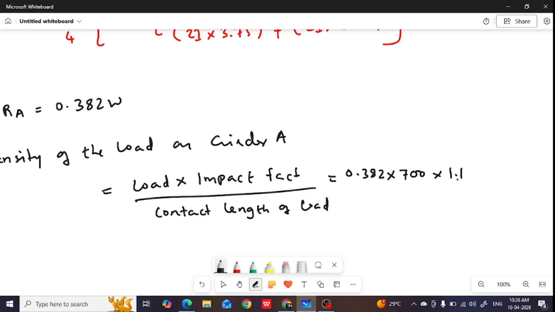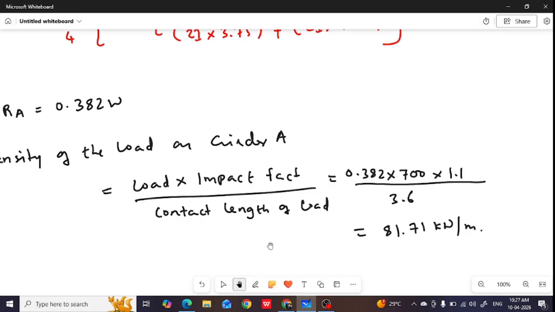The length of the girder is 30 meter, and the impact factor for 30 meter for the IRC class AA tracked vehicle is 1.1, and we get this value from IRC 6. Divided by the contact length, that is 3.6 meter, this comes as 81.71 kilonewton per meter.